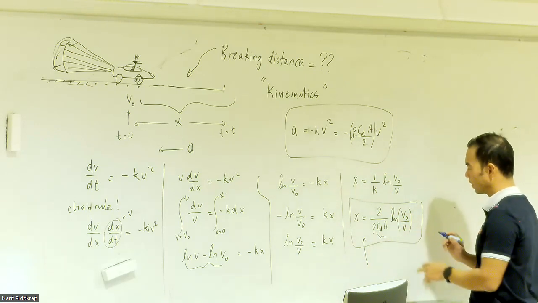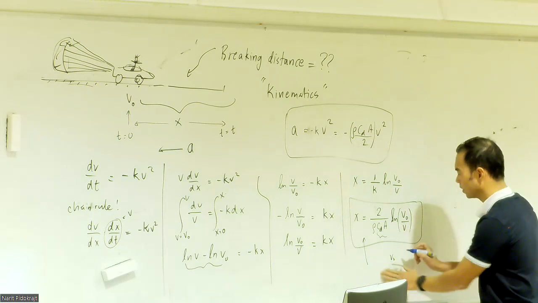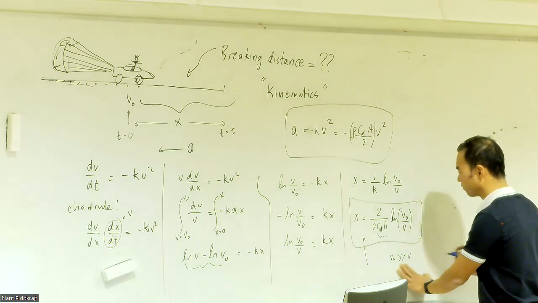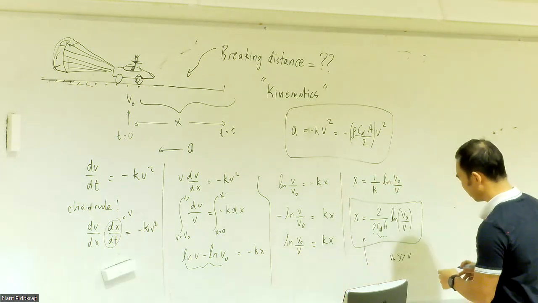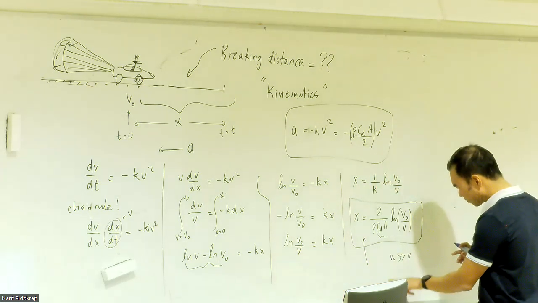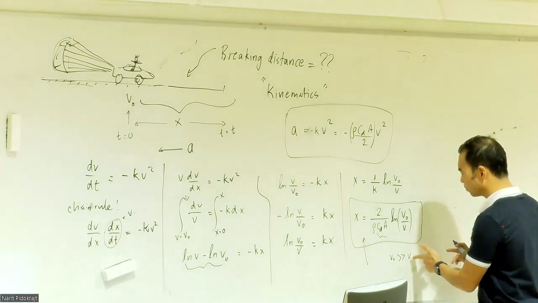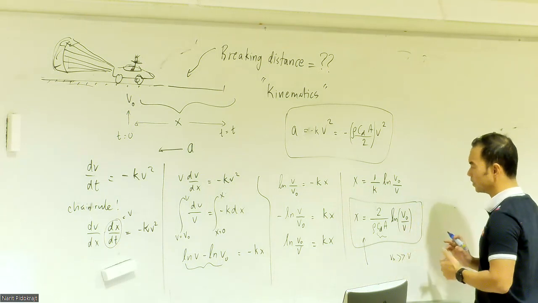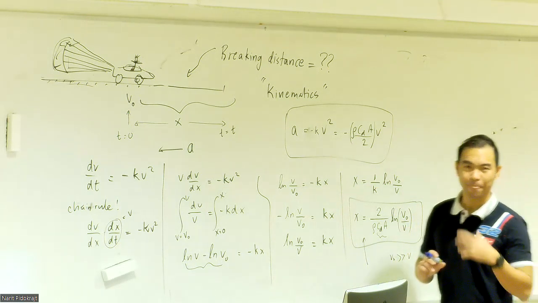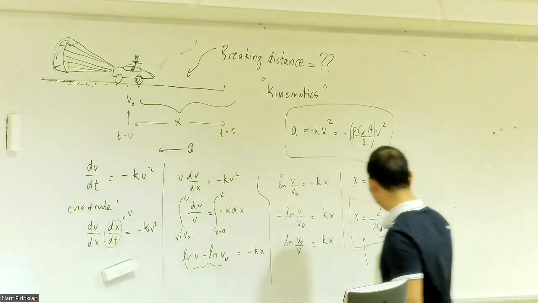And for v0 divided by v, if v0 is a lot larger than v, meaning you have a higher speed than the desired final speed, then it's going to be a large number. Otherwise, it's going to be a smaller number. So it depends on your initial velocity v0, and also on A and Cd.